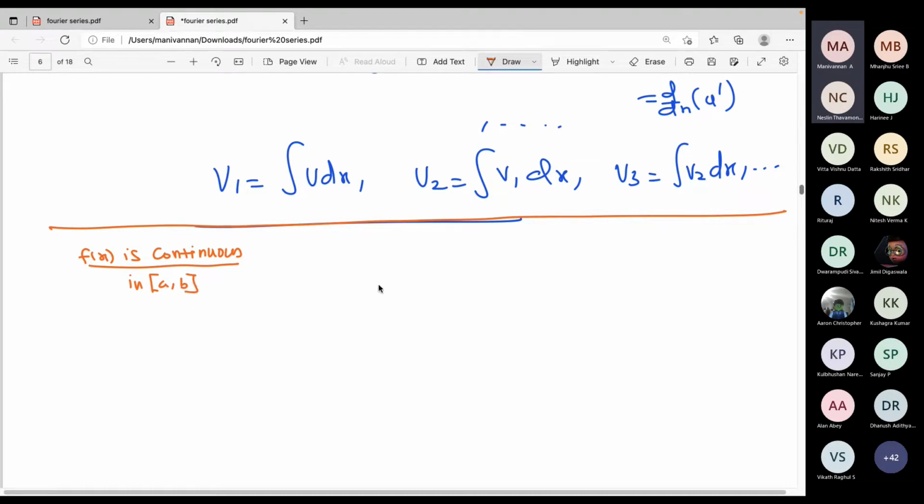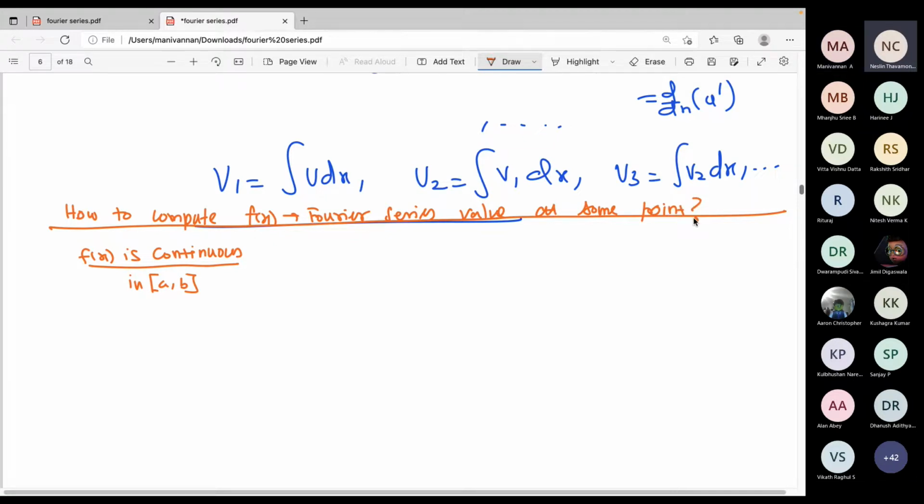How do we compute the Fourier series value at some point? You got the point?